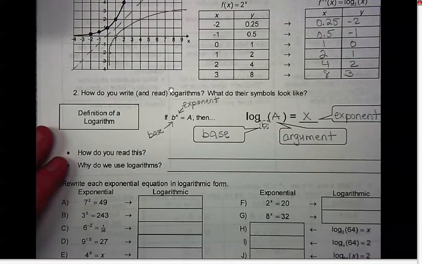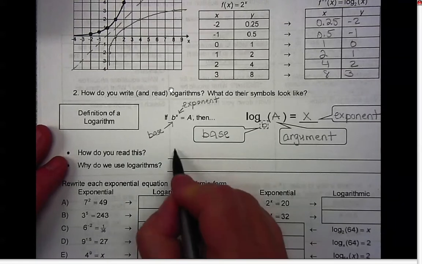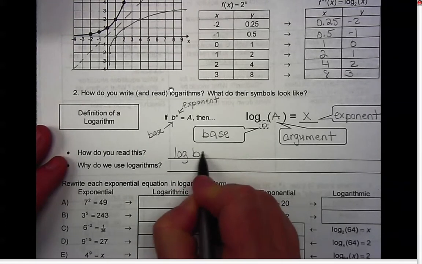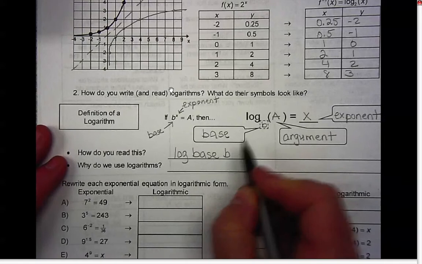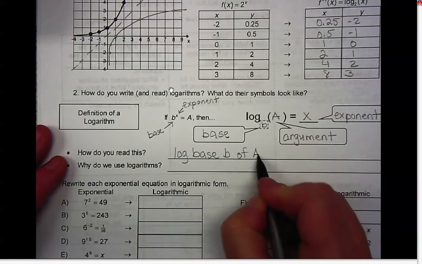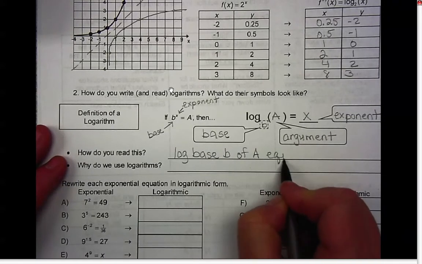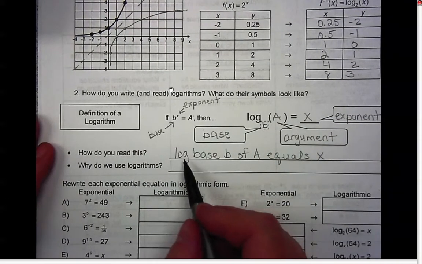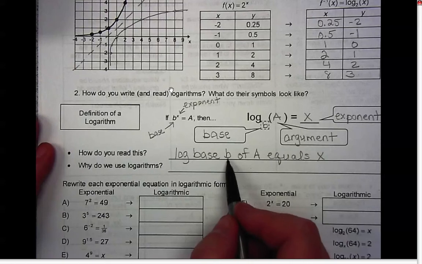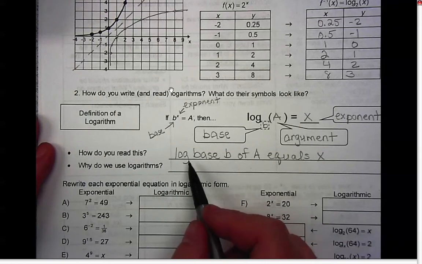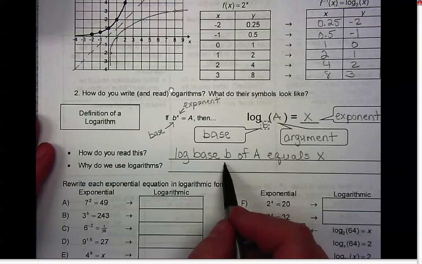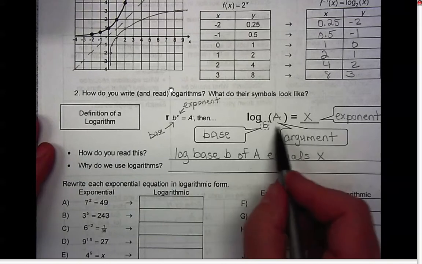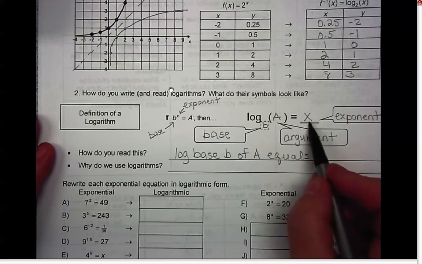How do you read this? Log base b of a equals x. So you always say log base b. The base might be 2 or 10 or something. You always read log base 2 or whatever it is, of whatever's inside the parentheses, equals whatever the answer is, or whatever the exponent is.